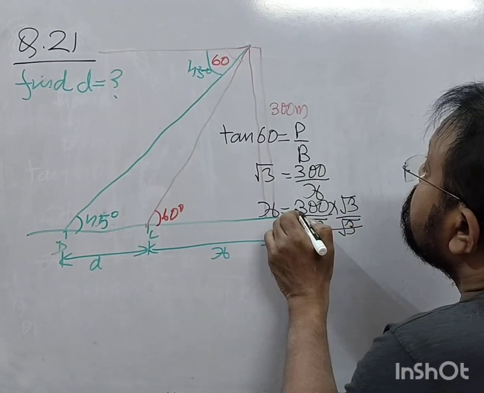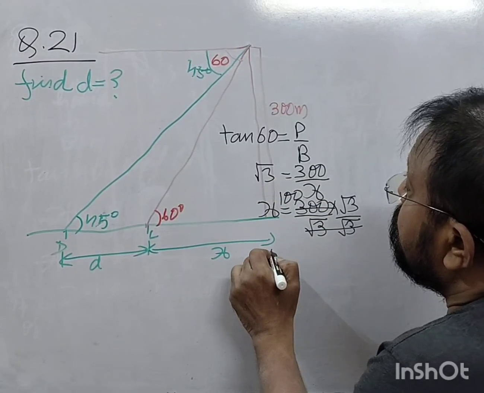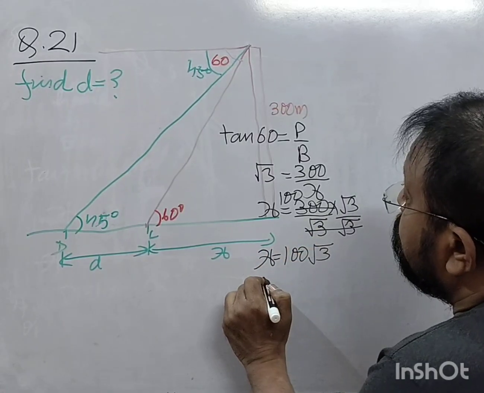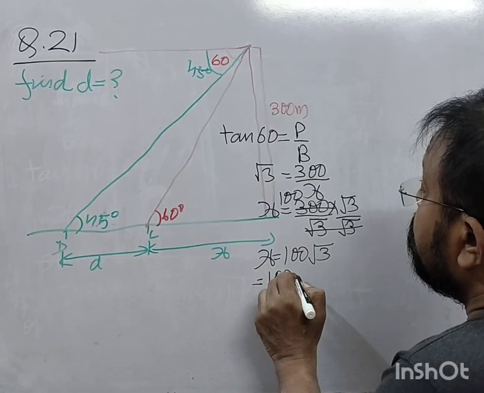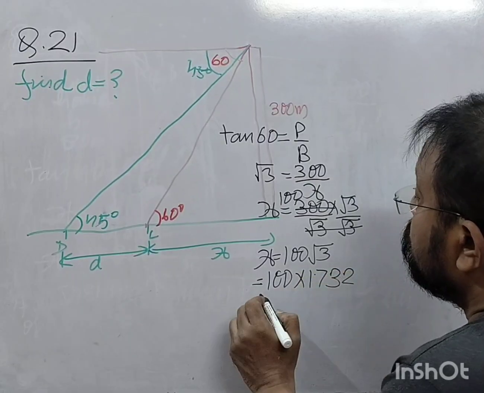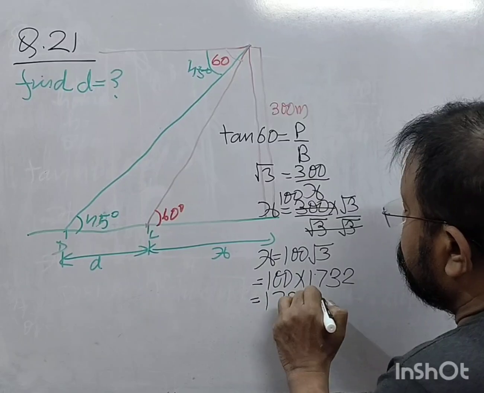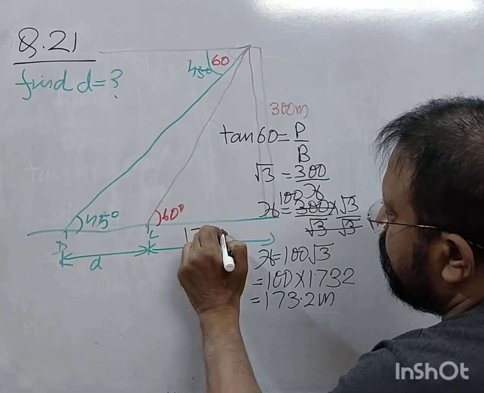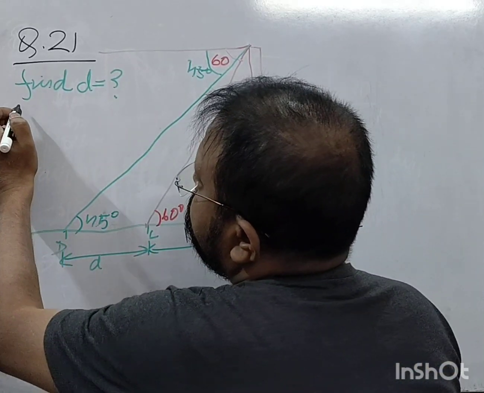So it becomes 100. So x is equal to 100 root 3, or we can say 100 into 1.732. So it is 173.2 meter. This distance is 173.2 meter.